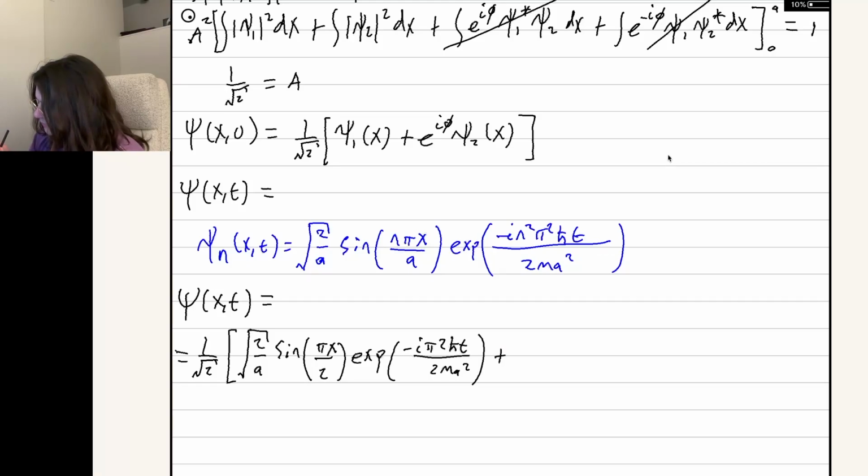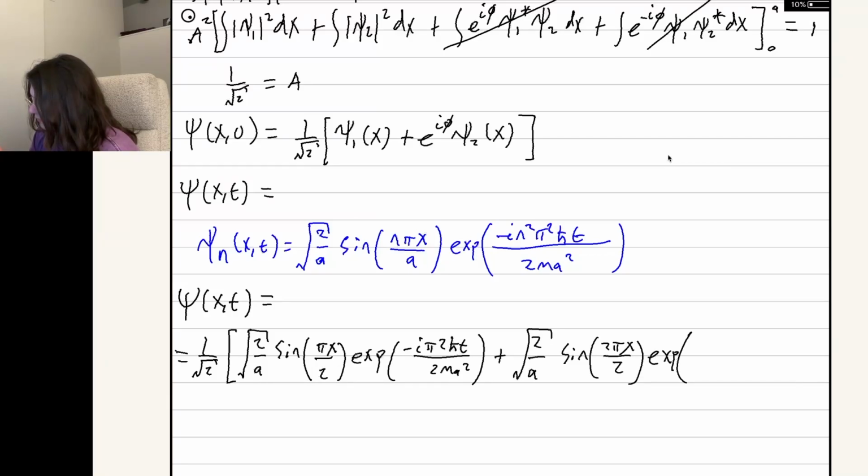And then this is going to be root 2 over a sine 2 pi x over a. And then in the exponent, you'll have minus i pi squared times 2 h bar t over ma squared plus i phi. That's the difference here. You have plus i phi in that exponent.